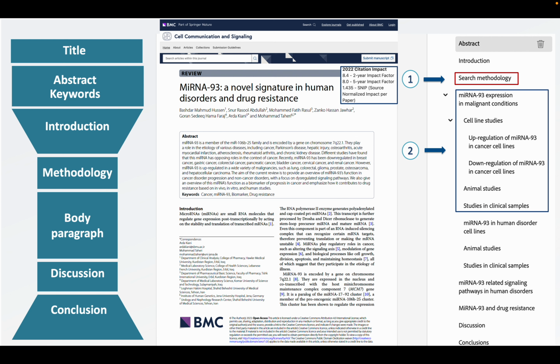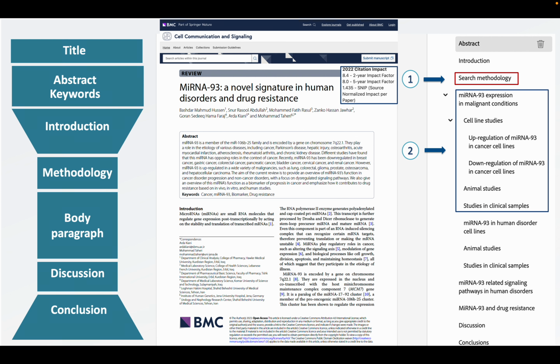Here we explained the role of microRNA 93 in cancer, but we tried to subdivide this topic into 3 different objectives: firstly cell line study, then animal study, then clinical samples, human samples.